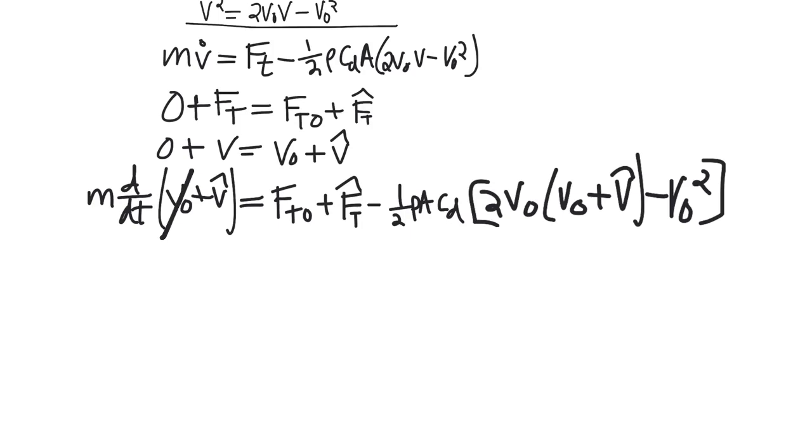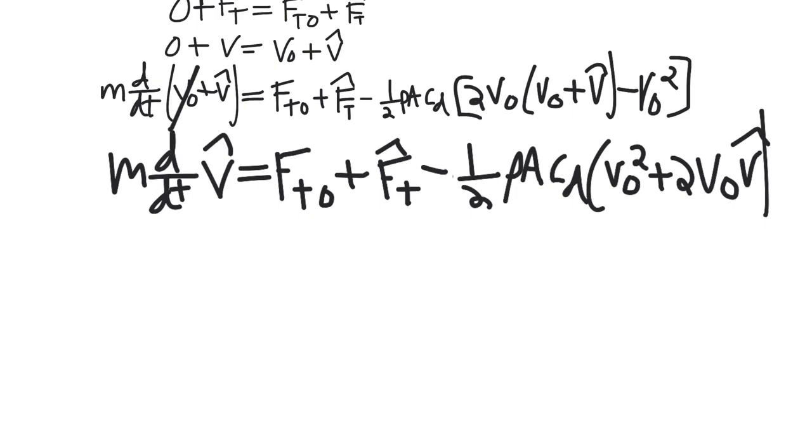And therefore, really the left-hand side is just m d/dt of v hat, which is the variable that's going to be changing. So that's one simplification. And then on the right-hand side of the expression, I'm just going to do a little bit of algebra to eliminate some of the products and distribute the v naught inside the brackets.